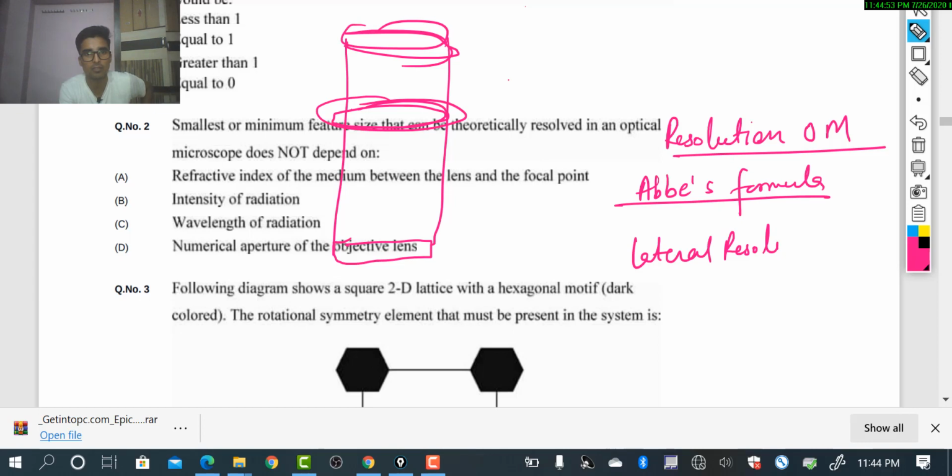Here is the eye of the human, so we are seeing from here. The lateral resolution means in the XY direction. This is X, this is Y.